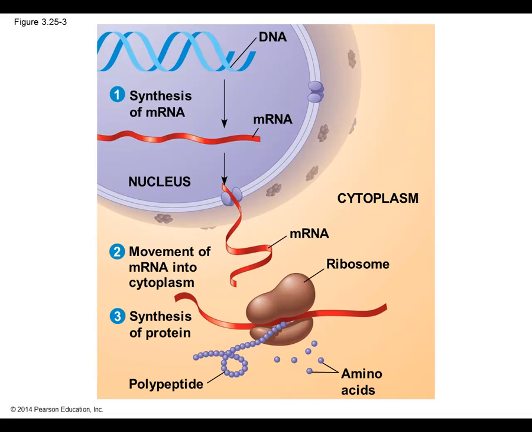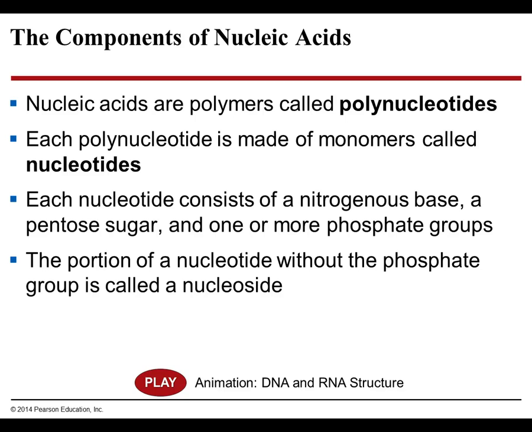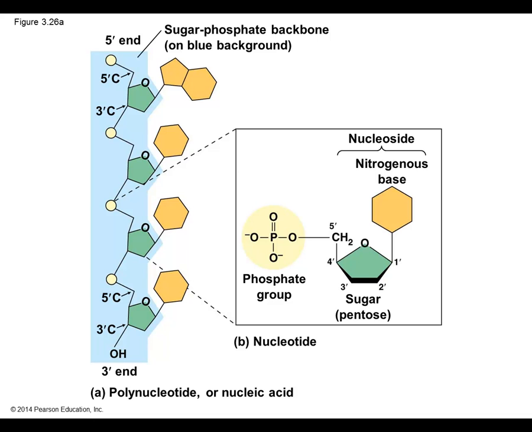And DNA provides the blueprint for its own replication, as well as a blueprint to synthesize messenger RNA, which then gets translated into protein. So nucleic acids are polymers called polynucleotides.